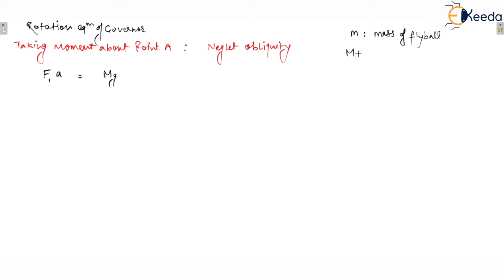So this is mg plus fs1 by 2 into B. We have neglected obliquity. Similarly, f2 into A is mg plus fs2 by 2 into b. Is that clear? This is your equation number 1 and this is your equation number 2.